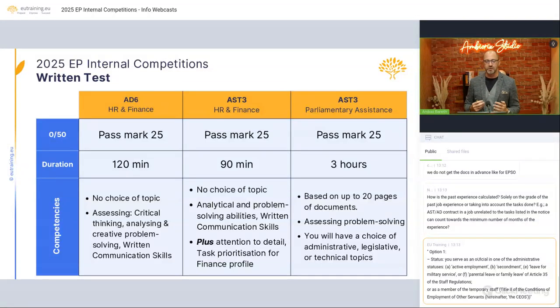But the creative problem solving is within the limits and the frameworks of a large institution like the European Parliament: how can you get to a certain solution within the frameworks of the policies, of the various procedures and the administrative or budget and policy or political constraints that you need to operate under.